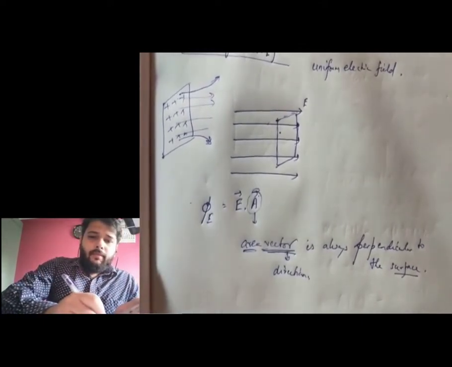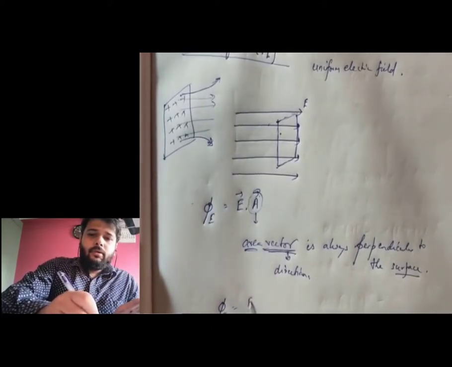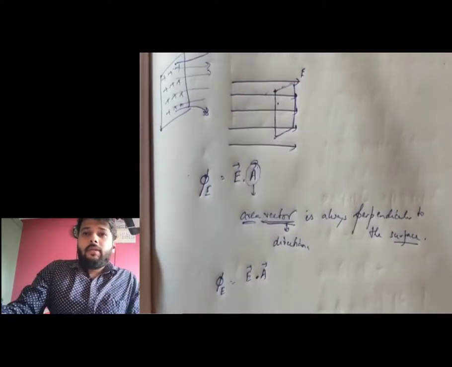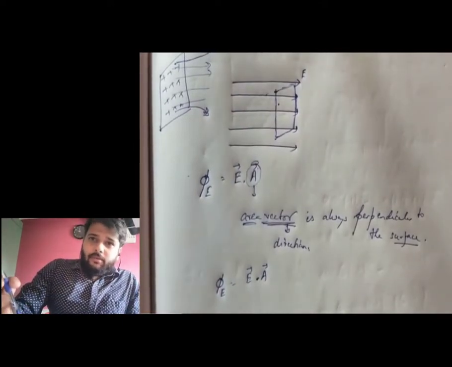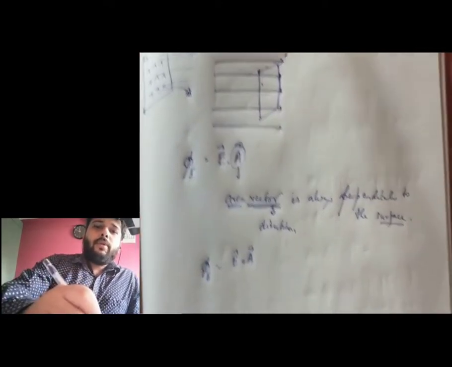So we have a formula for electric flux, E dot A. Now E dot A, in class 11 we have studied about the dot product, or we call it a scalar product, and cross product.